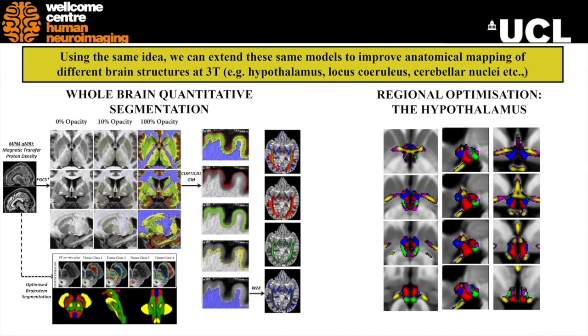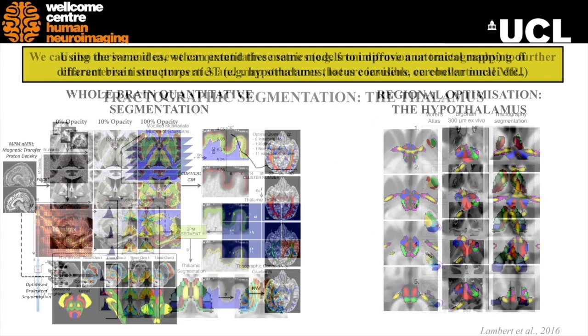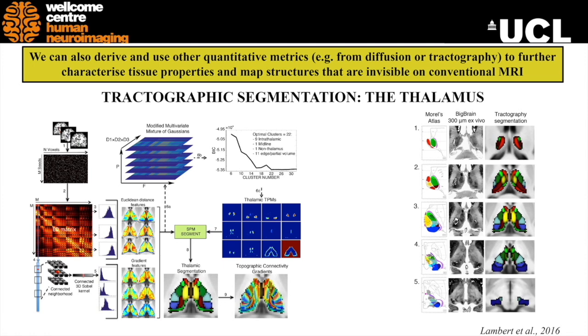We can build on these ideas still further and use them to improve our anatomical mapping both subcortically, cortically, in the white matter, and also for focal specific regions of interest, including the hypothalamus, locus coeruleus, and cerebellar nuclei. We can also derive and use other quantitative metrics, for example from diffusion or tractography, to provide different ways of characterizing tissue properties, and then call upon exactly the same framework to map structures that are invisible using conventional MRI.